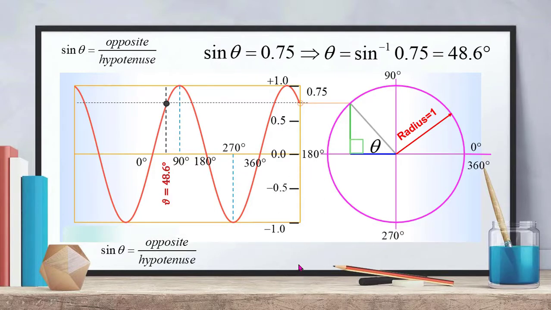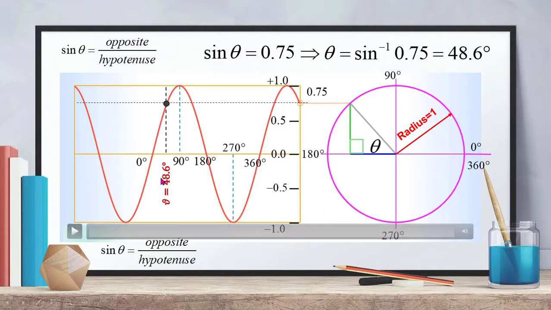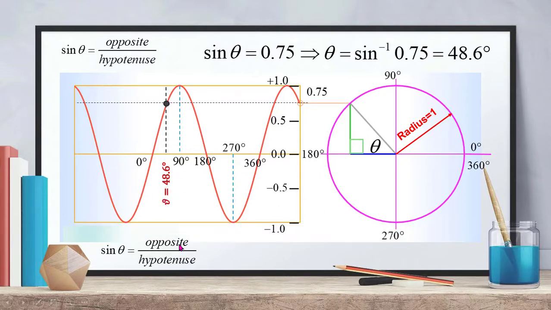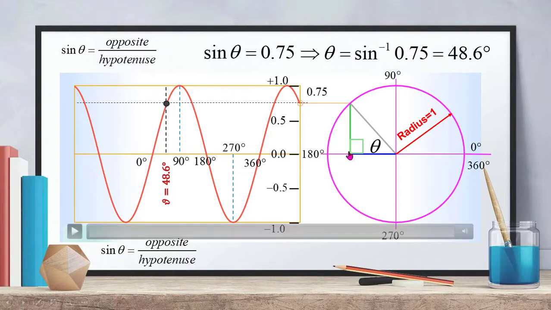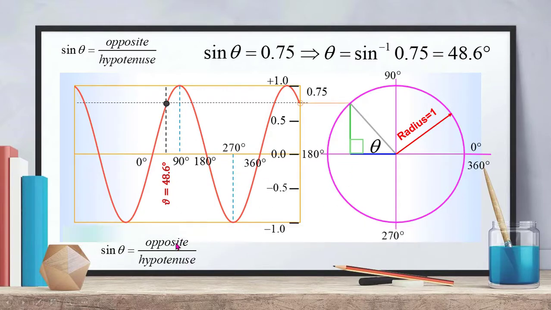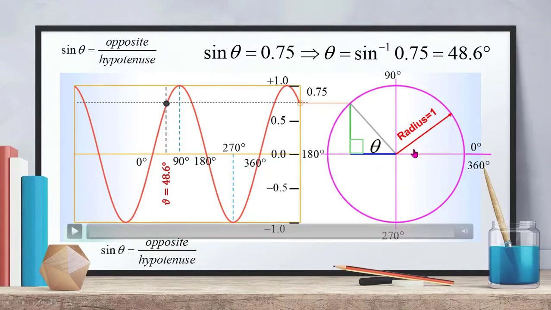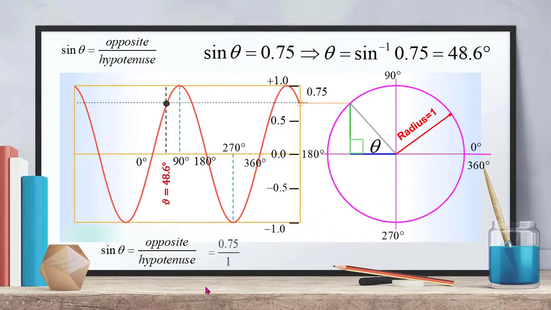Let's wrap it up. We said the curve at theta is equal to the opposite over the hypotenuse. The opposite is 0.75 and the hypotenuse is 1. So we're going to have 0.75 divided by 1, which is equal to 0.75.